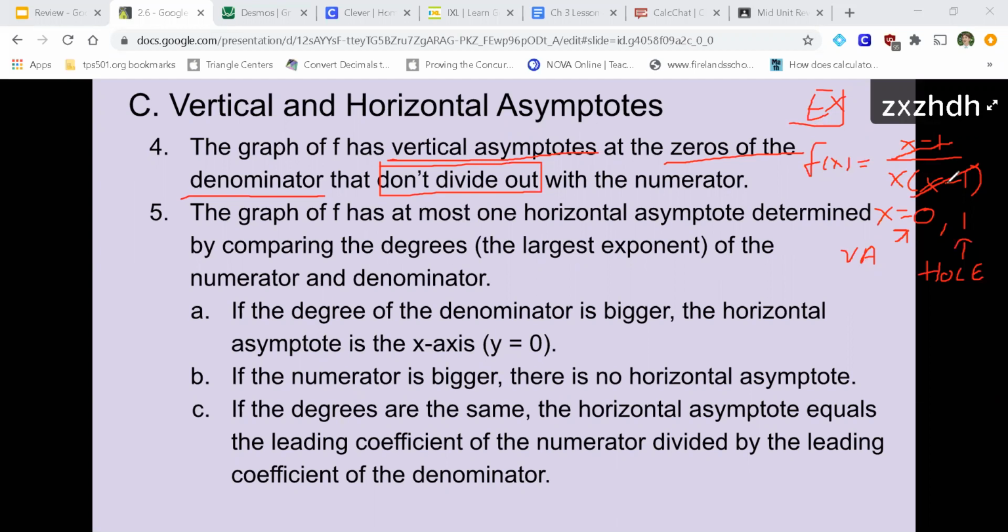To find horizontal asymptotes, here's what you need to do. You need to compare the degrees of the numerator and the denominator, their largest exponent. If the denominator is bigger, the horizontal asymptote is y equals 0.